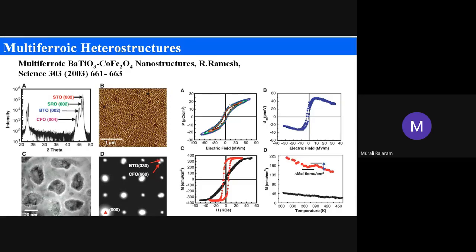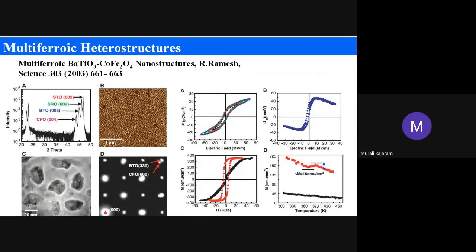So they can measure the ferroelectric hysteresis loop. Also the ferromagnetic loop. As I said, this is the temperature and magnetization. As we all know, the Curie temperature for barium titanate is around 120 degrees centigrade, which is around 390 Kelvin.